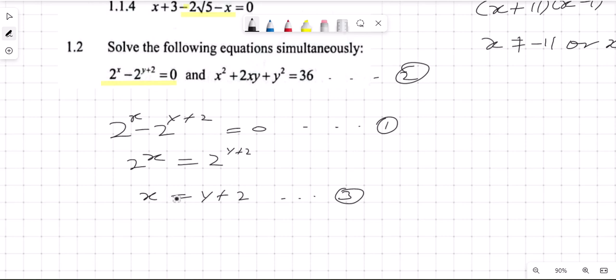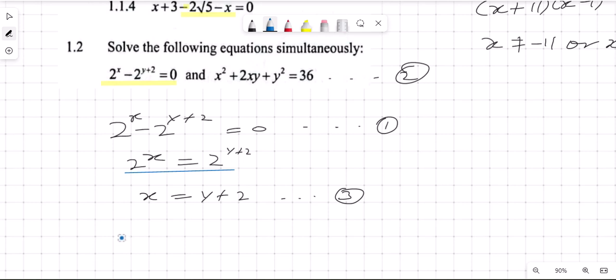So equation number 3 is from equation number 1. What we're going to do is substitute equation number 3 into equation number 2. If I can just repeat, the exponential equation rule says if the base on the left and the base on the right are the same, equate the exponents.